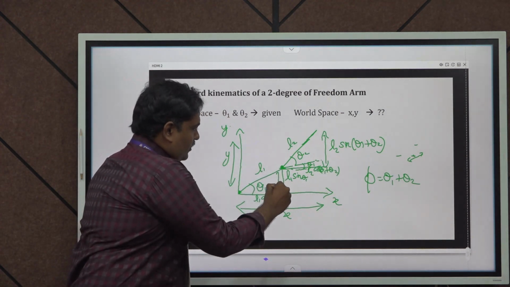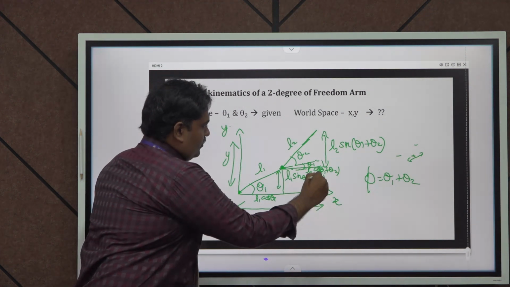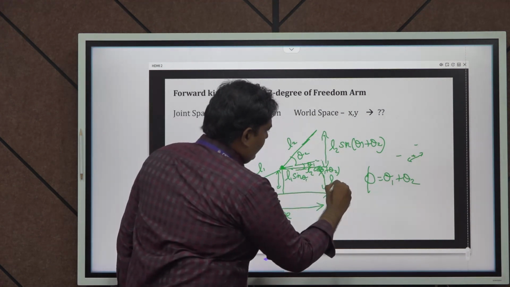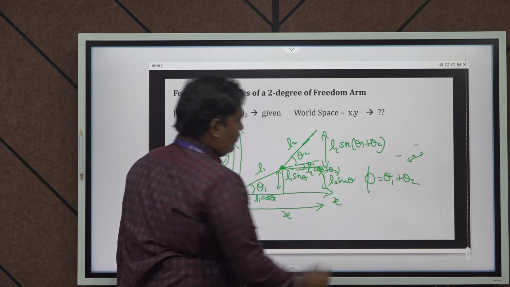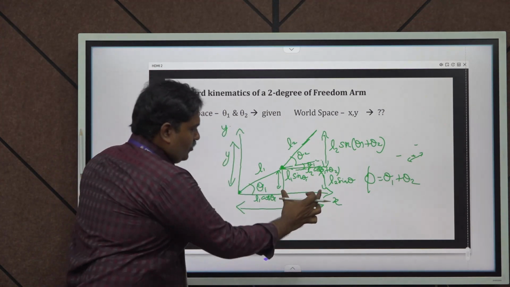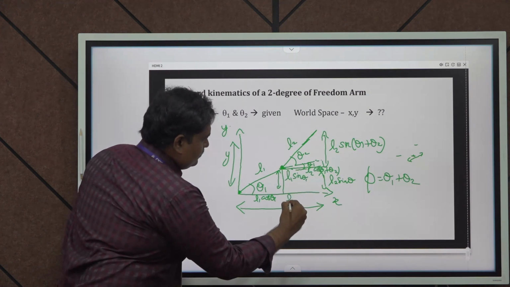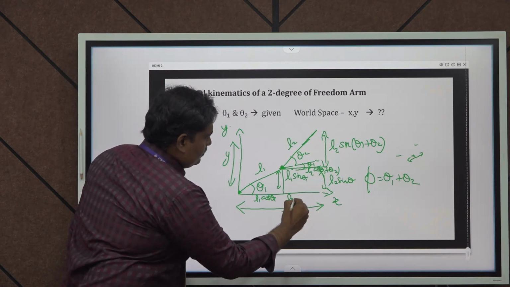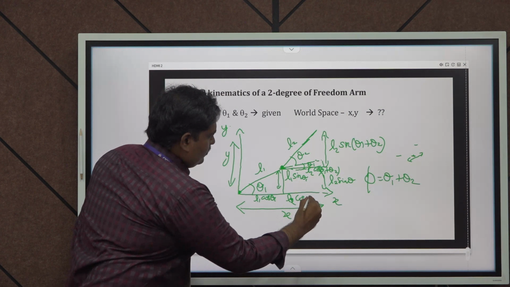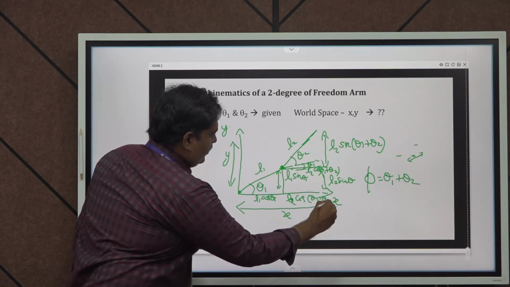This length is equivalent to this length, so this length can be written as L2 sin(theta 1 plus theta 2). Similarly, this length is equal to this length, L2 cos(theta 1 plus theta 2).